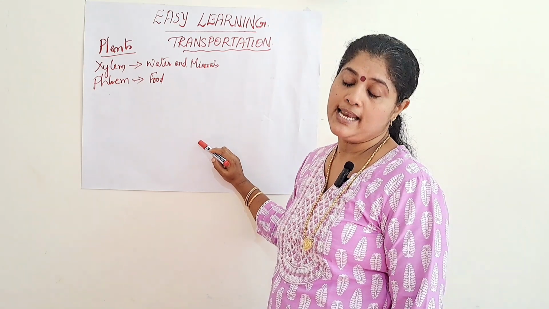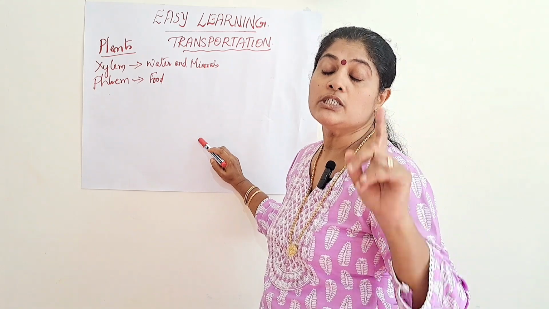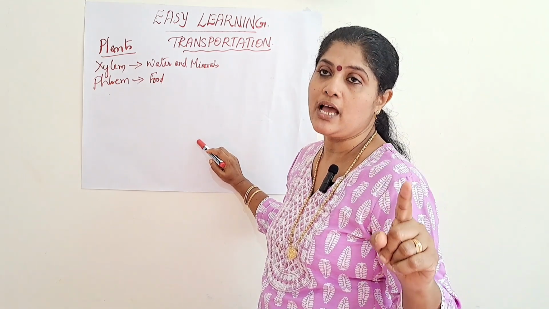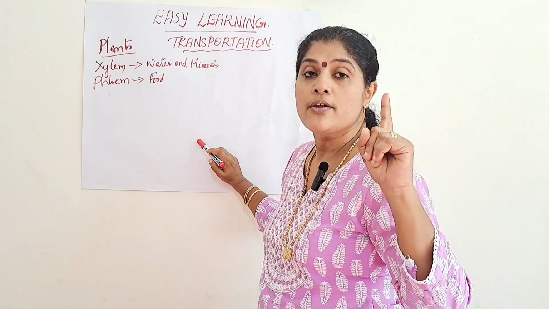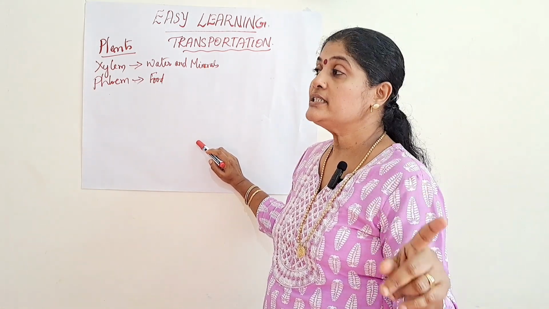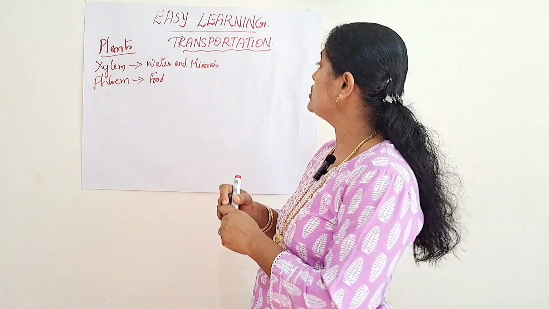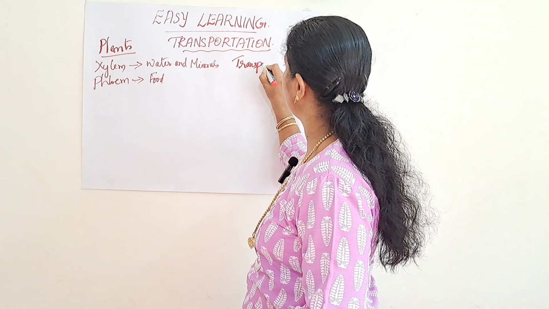Why is the pressure less at the top of the xylem vessels in the leaves? That is the question frequently asked in the board exam. Why? Because the pressure is less due to the process of transpiration. This is a 1-mark question.